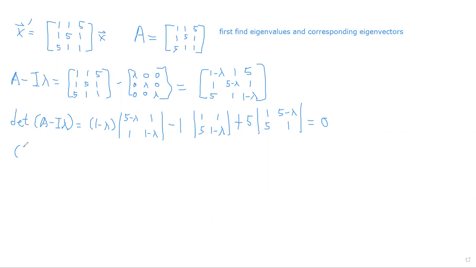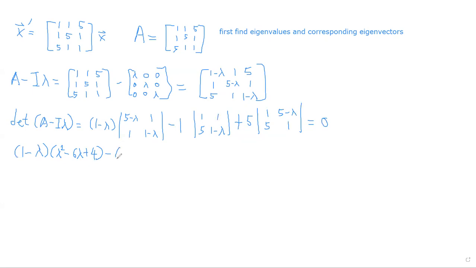So let's expand this. 1 minus lambda times 5 minus lambda times 1 minus lambda minus 1 is lambda squared minus 6 lambda plus 4. Minus 1 minus lambda minus 5.